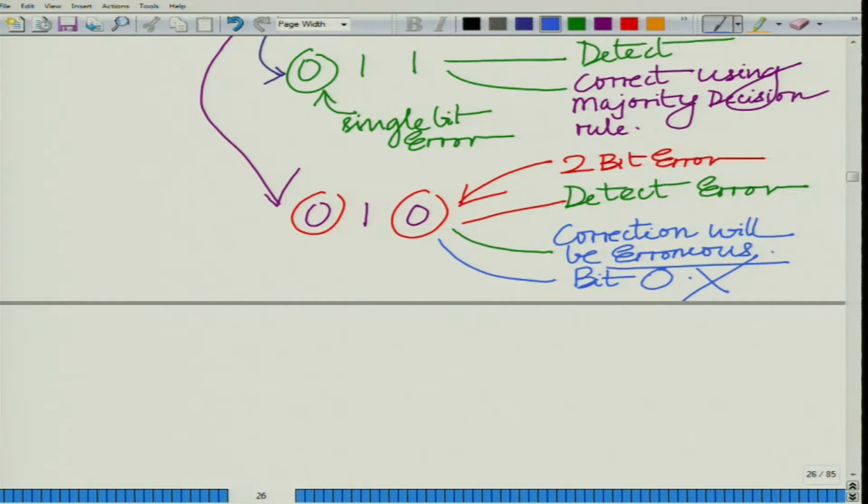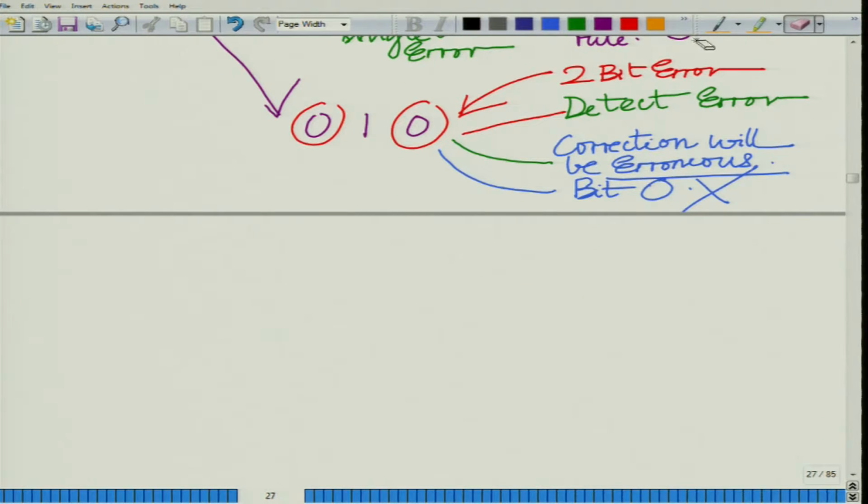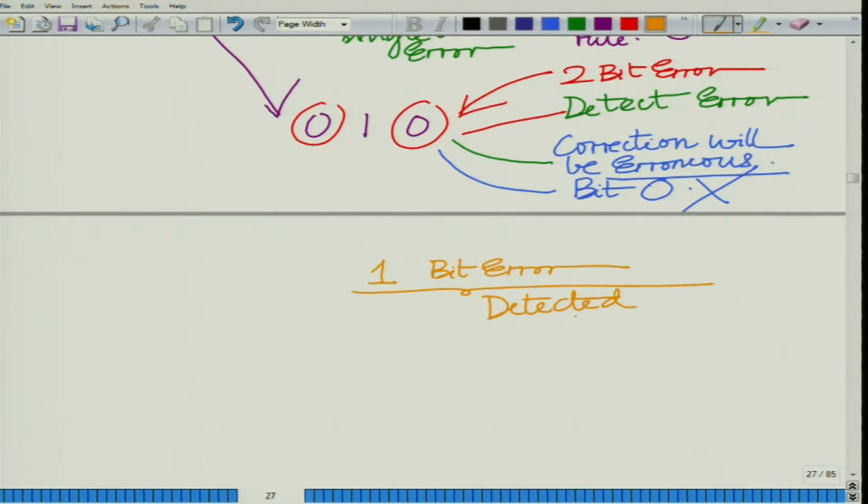So the point I want to drive home is that a 1-bit error can be detected and corrected. If you look at this repetition code, the larger point I want to make is that a 1-bit error is both detected plus corrected.